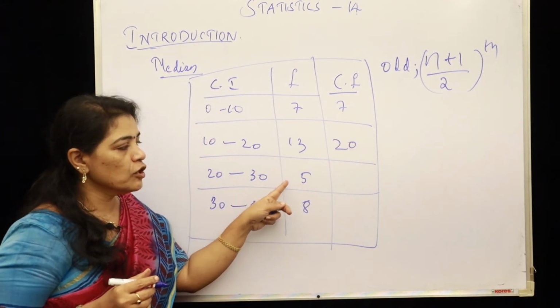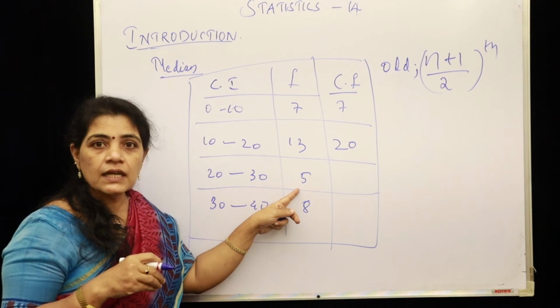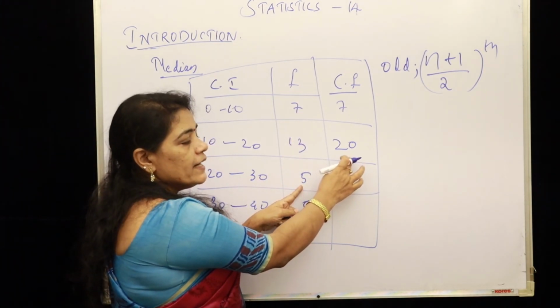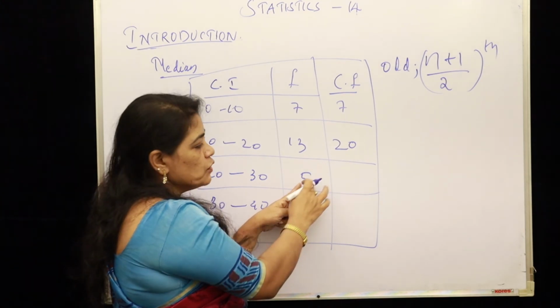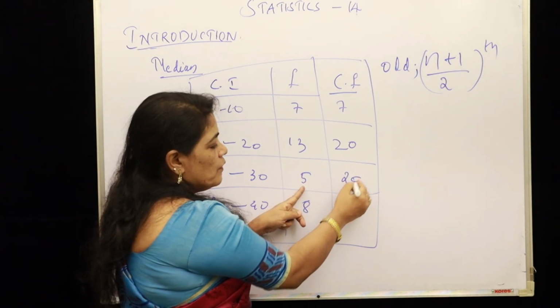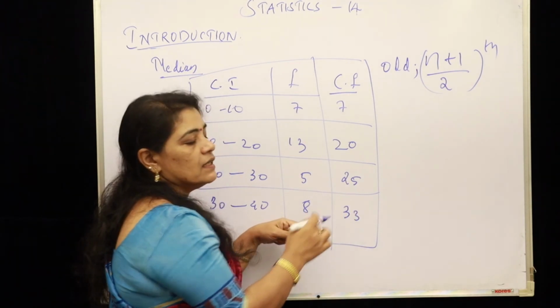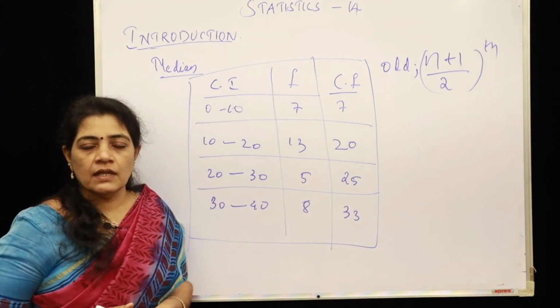Then what will be the cumulative frequency of the third class? That means you have to add these 3 frequencies. We already added 2 frequencies and got 20, 20 plus 5, 25. And this will be 33, that is 25 plus 8, that is 33. Is it clear, children?